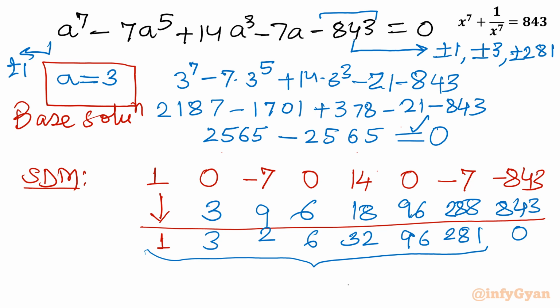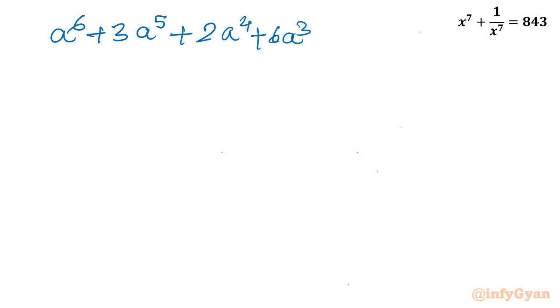Let me write here, I will frame one hexic equation: a power 6 plus 3a power 5 plus 2a power 4 plus 6a cube plus 32a square plus 96a and 281 at last equal to 0. So this is our degree 6 hexic equation.